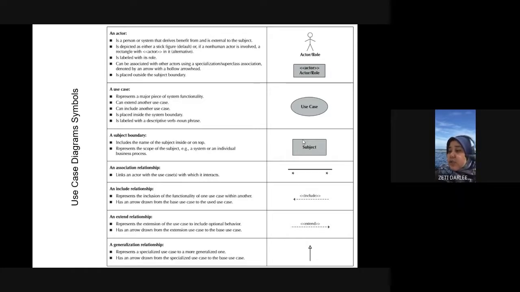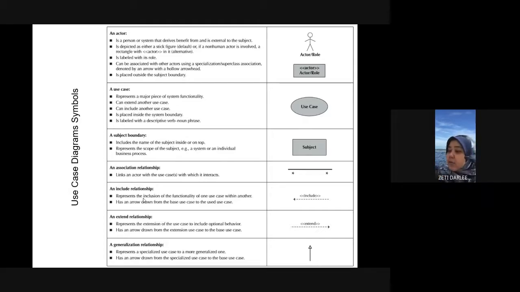An association relationship, kita ada links an actor with the use cases with which it interacts. Dia ada line. So, include ni tadi, kita ada extend ni tadi, and include ni tadi. So, include represents the inclusion of the functionality of one use case within another.